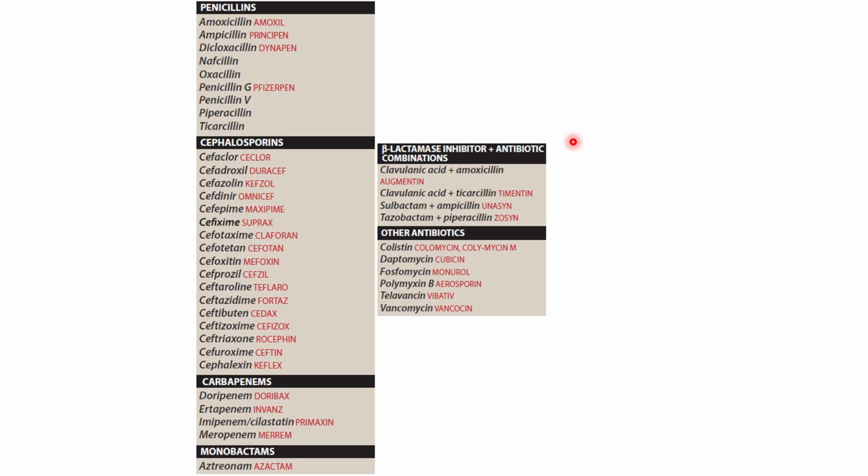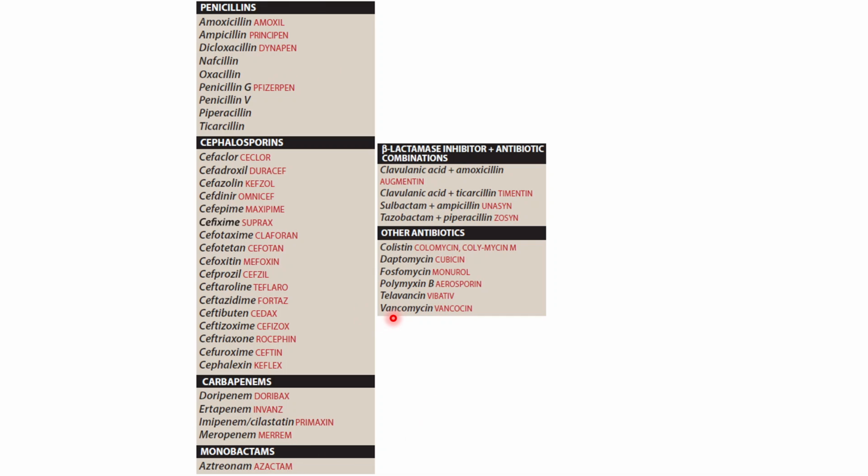And also we have beta-lactamase inhibitors that are combined with the penicillins to broaden the spectrum of action of penicillins, and also other antibiotics of different chemical structure that also have the same mechanism of action as these four groups.